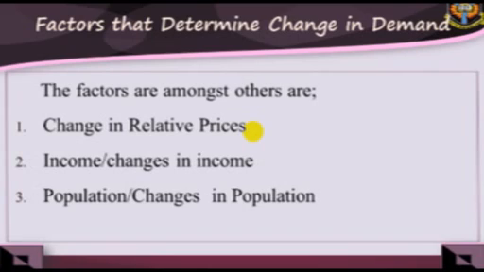An increase in the population will shift the demand curve rightward, since there are more people to demand a good than before. Conversely, a reduction in the population will reduce the number of people that will buy a good, which will shift the demand curve leftward.